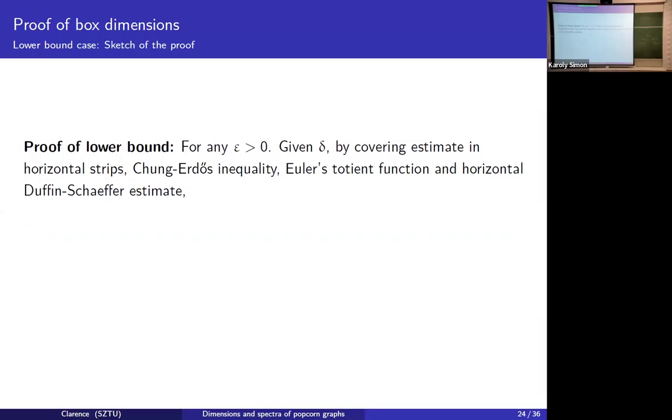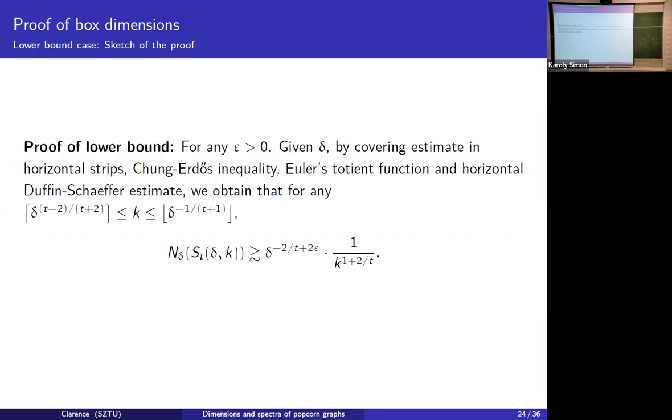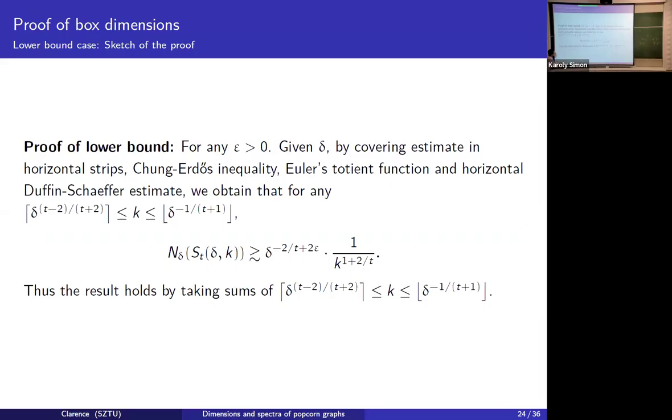And we use the horizontal differential estimate for the denominator. We have the lower bound like this, taking the sum from some values determined from the upper bound. So we have the explicit formula. Well, that is the box dimension part here.